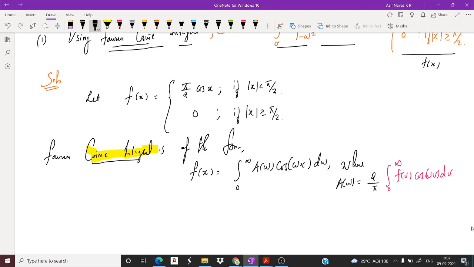Now you find out a of omega is equal to 2 by pi integral 0 to infinity f of v cos omega v dv.